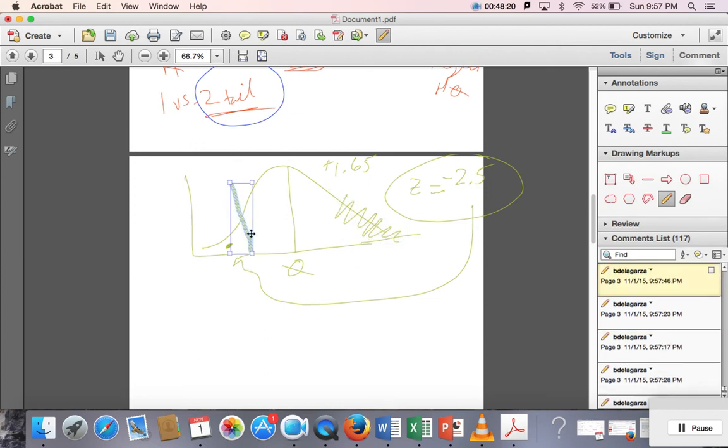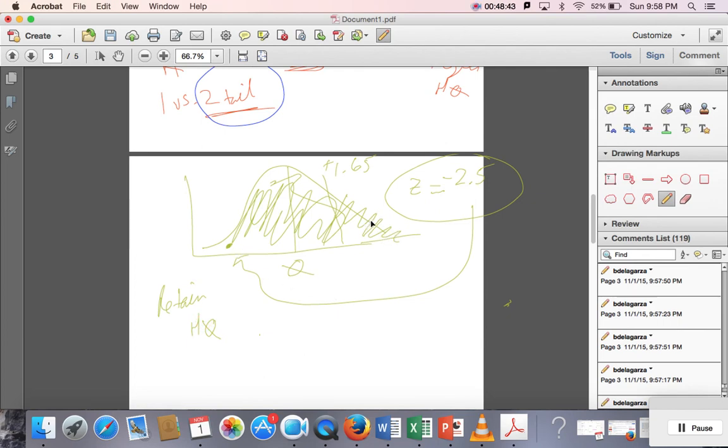But here, I'm looking on the wrong side of the distribution. So even though my statistic should have landed in the region of rejection, it actually lands in the body. So I have to retain the null. Why do I retain the null? Because my statistic failed to land in the region of rejection.